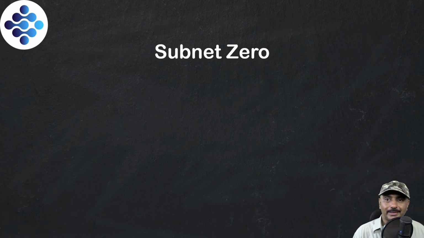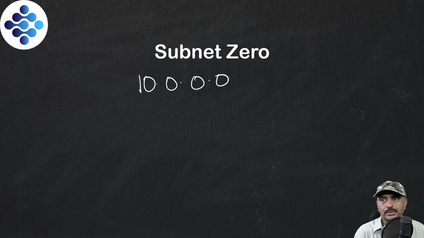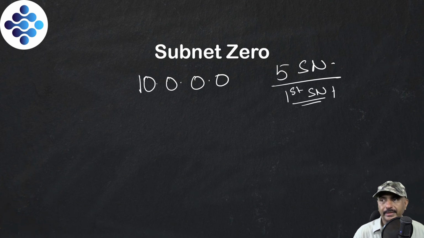Now there is one concept of subnet 0. Deliberately I kept it for the last. Say I make a network 10.0.0.0, and we want 5 subnets, and I want to calculate the first subnet range.